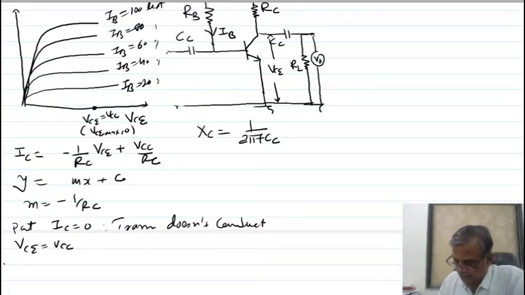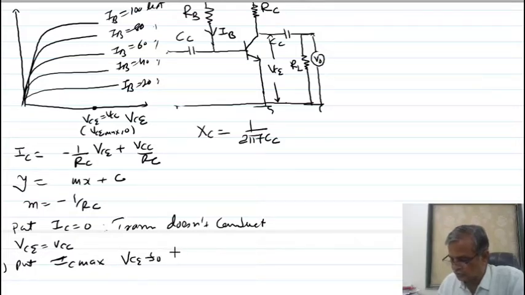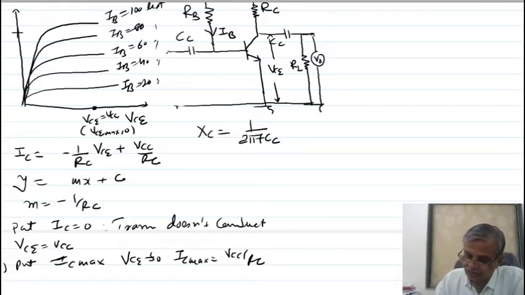Second point: in saturation, when the transistor conducts in the saturation region, IC is maximum and VCE tends to 0. So I can write IC maximum is VCC by RC. Put this point on the IC axis.